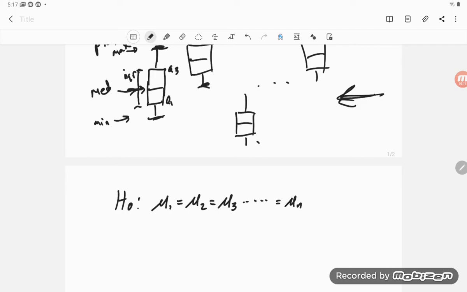All columns have the same mean. That's our null hypothesis. And HA, the alternate hypothesis, is that at least one is different.